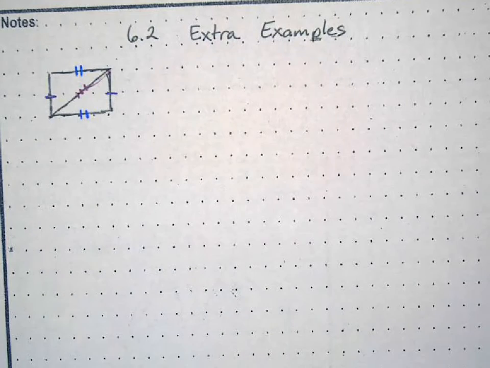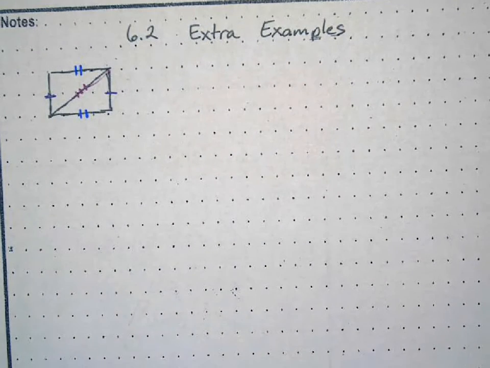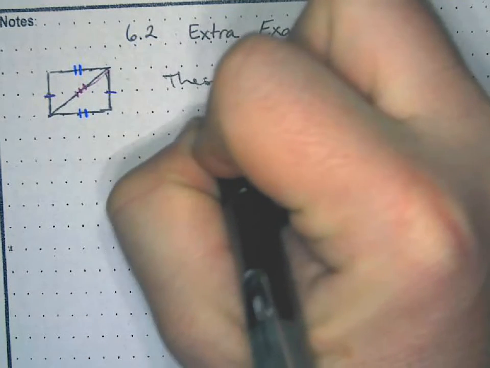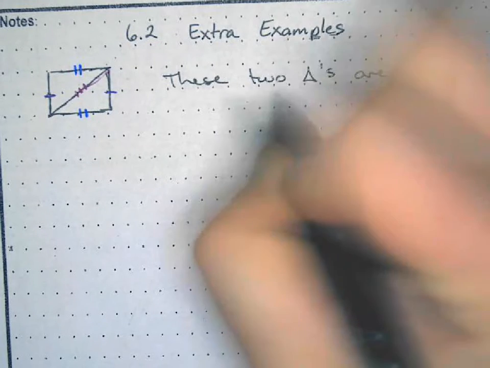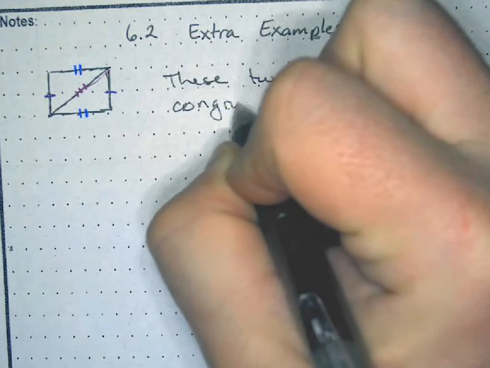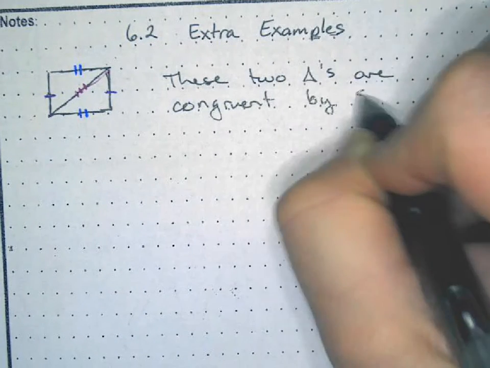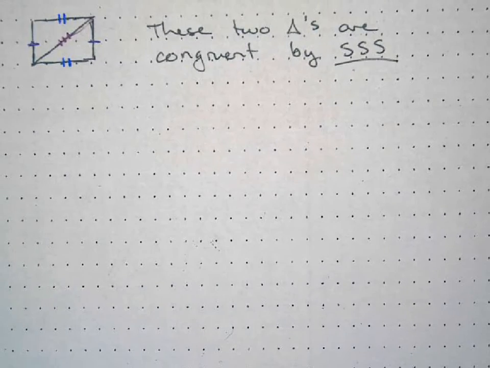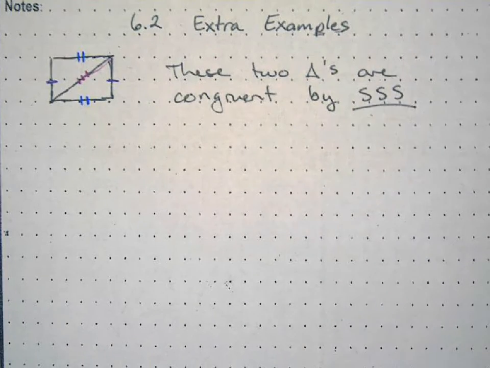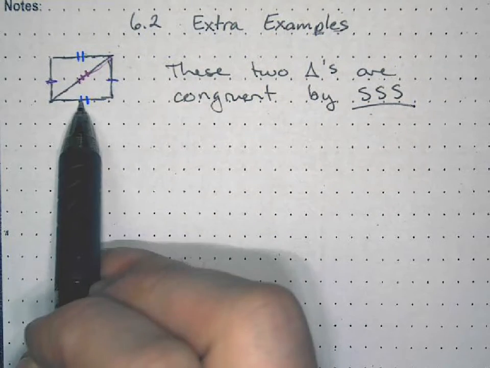So what we can say is that these two triangles are congruent by side, side, side. So we're given the purple and the blue, and this middle piece in pink was not there.